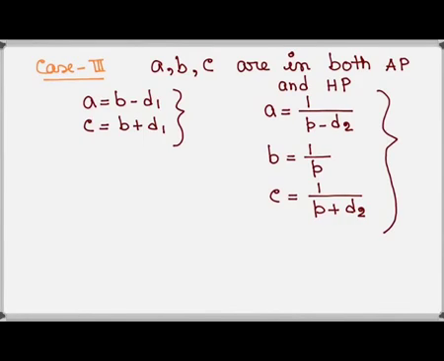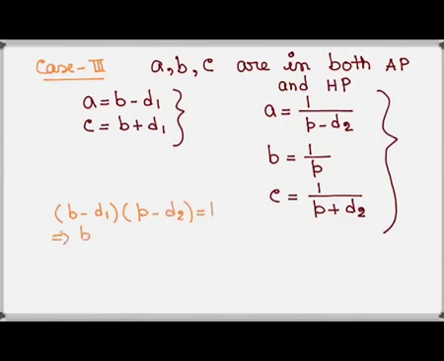We see that A is equal to B minus D1 as well as A is equal to 1 by (P minus D2). Therefore, equating them, we get (B minus D1) into (P minus D2) is equal to 1.